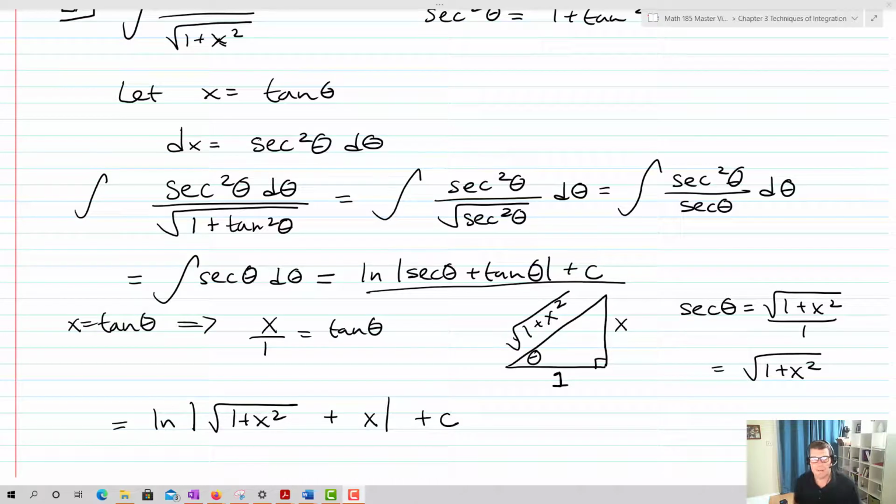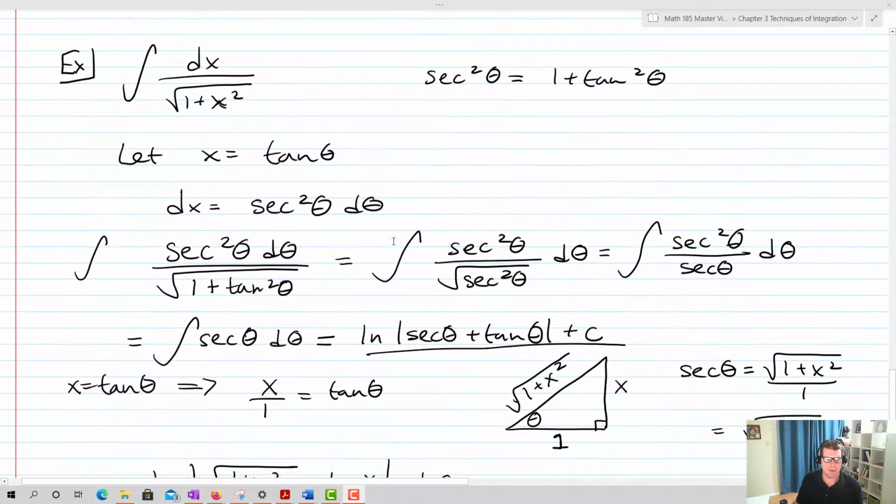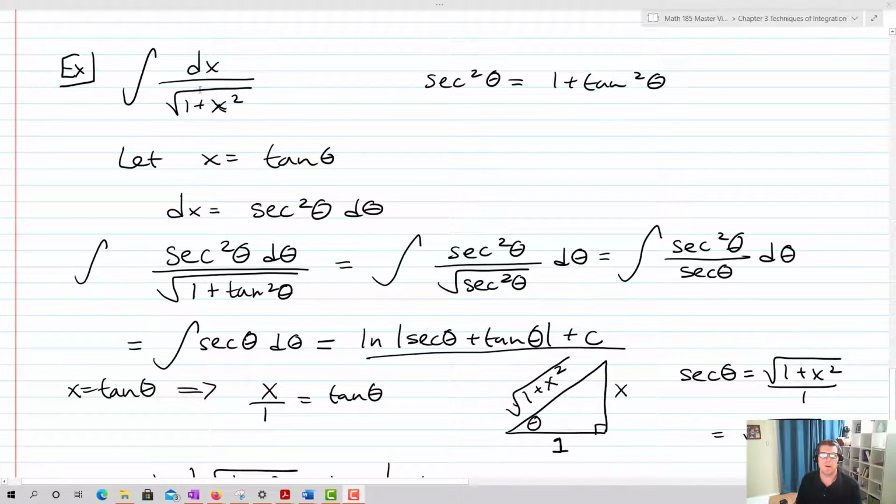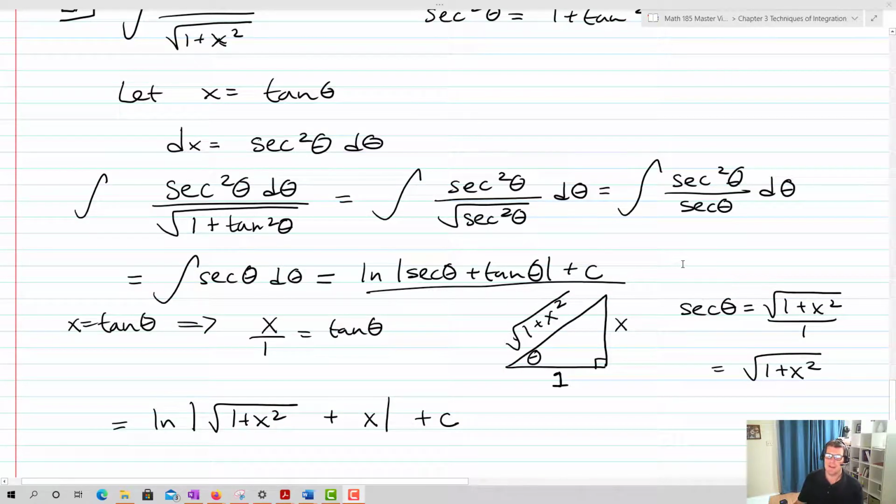And that's it. All right, so what we notice, a couple of things as we're going through here, notice that we have something of the form of the square root of, and we could eventually turn it into 1 plus x squared, right? Because that's the case, or 1 plus tangent squared, which gets transformed into secant squared, which we can take out of the square root, and we end up with secant theta.